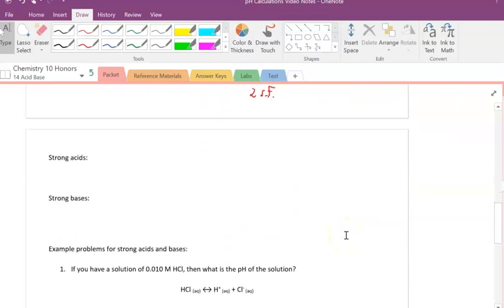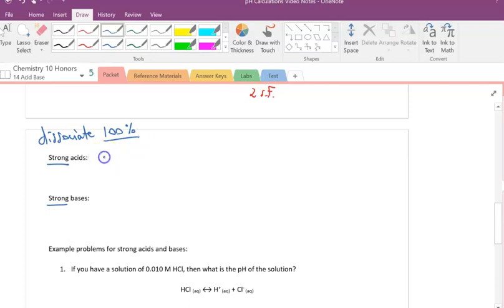So if I want to know what strong acids are, well, these are going to be any acid. We looked at this before. If you see strong, this tells us that it's going to dissociate 100%. Now, we're going to talk about weak acids in a little bit, but strong acids, they always react 100%. There is no equilibrium here. It's 100% forward.